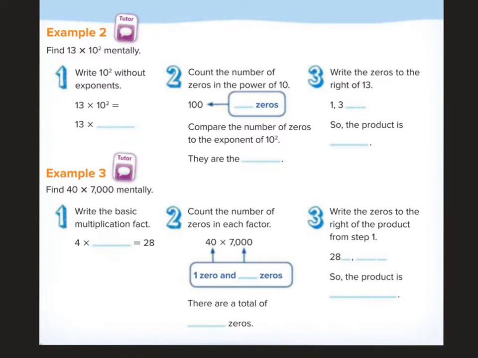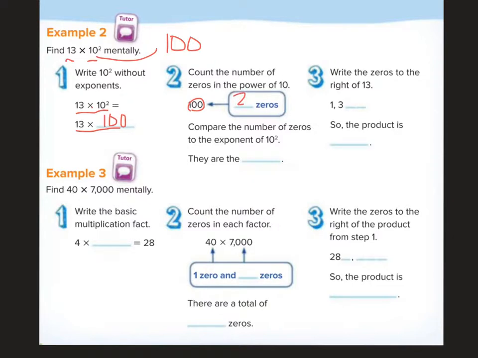If I wanted to find 13 times 10 to the second power mentally, 10 to the second power is really a 1 with 2 zeros, or 100. It says, write 10 to the second power without exponents, so it'd just be 100. So we're doing 13 times 100. Then it tells us to count the number of zeros in the power of 10: 2 zeros.